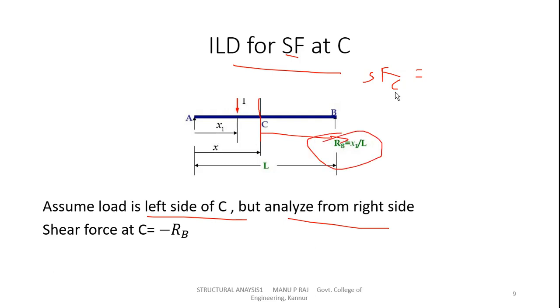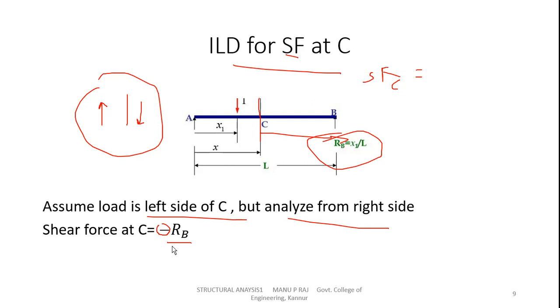So you'll get the shear force at C equal to RB, with a minus sign, because the sign convention for shear force is left side upward positive, right side downward positive. This is the positive sign convention. Here the right side is upward, so negative. So the shear force at C equals minus RB.